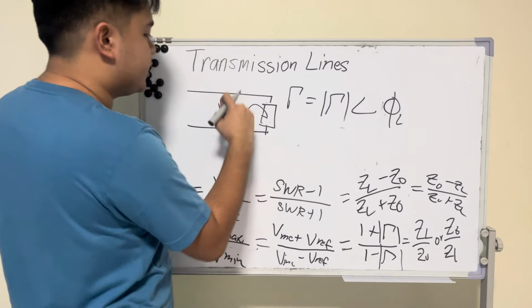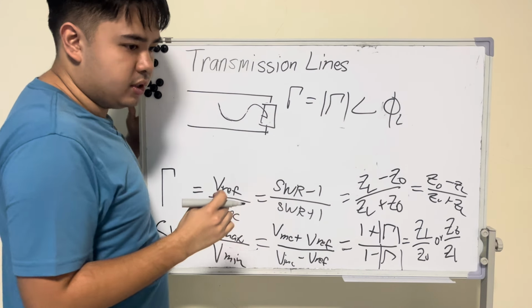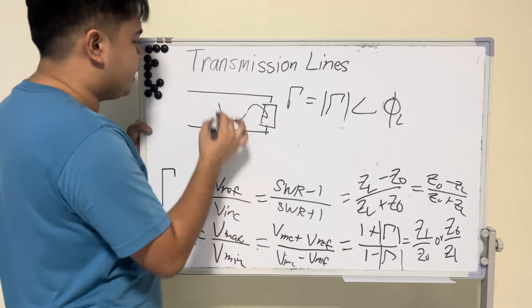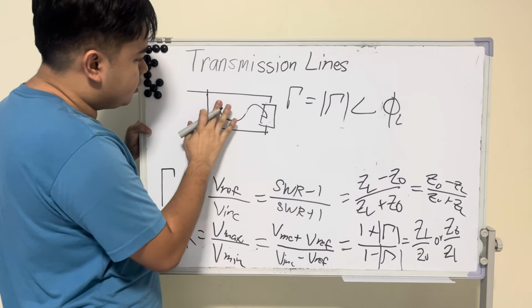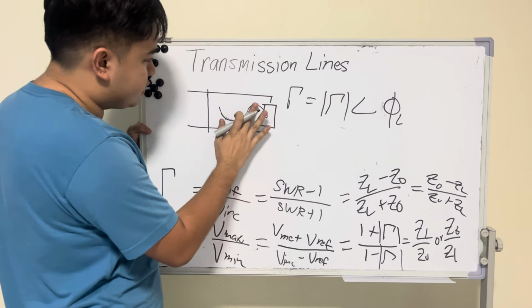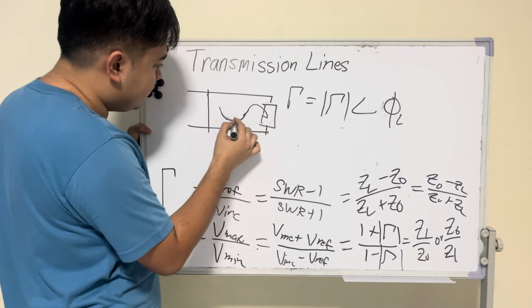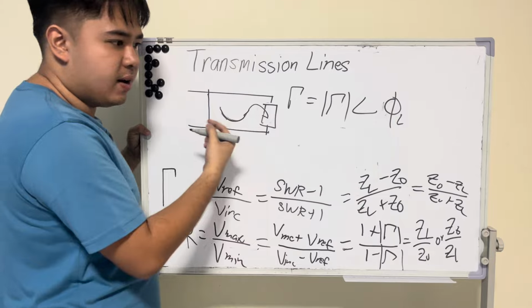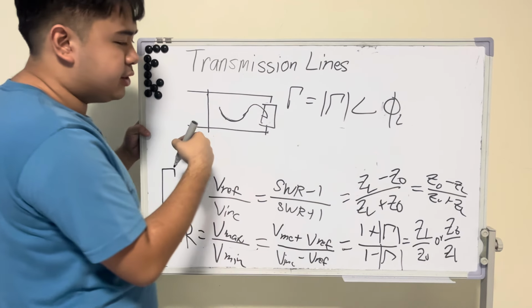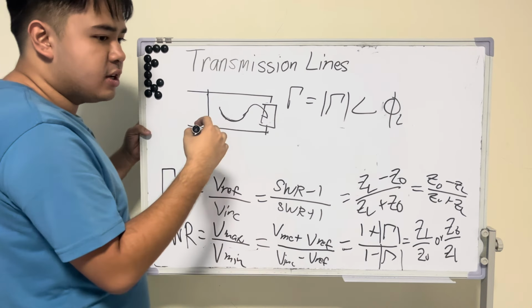So that's the angle when it leaves the load. Now, what if you need to find the angle as it goes here, right? So the reflected wave travels here at the speed of light in that medium. So somehow the speed of light has to come somewhere, right?